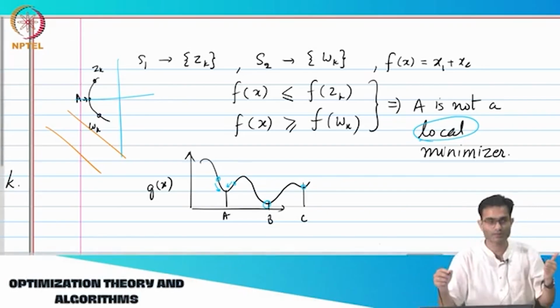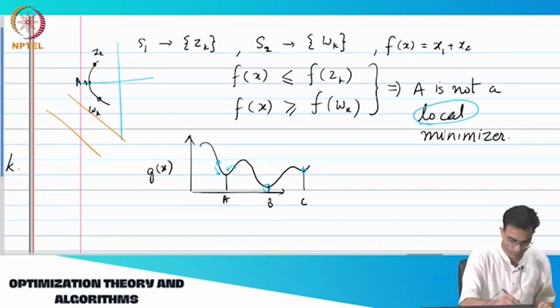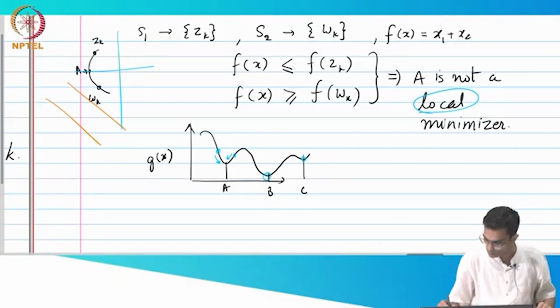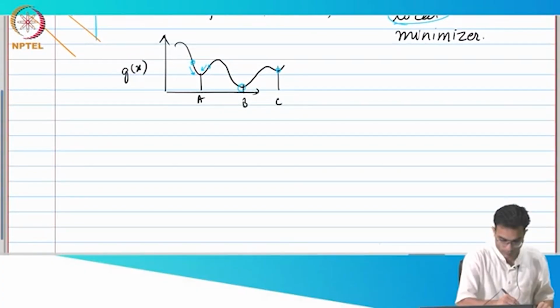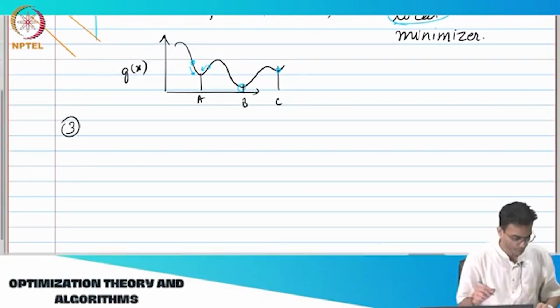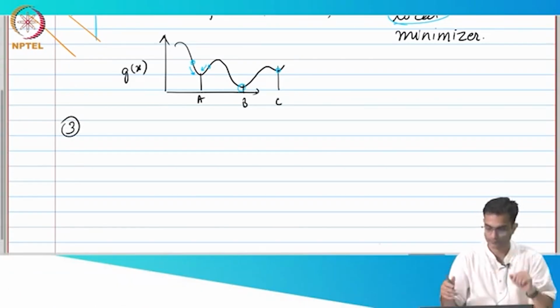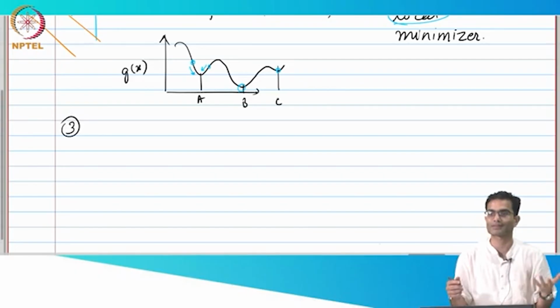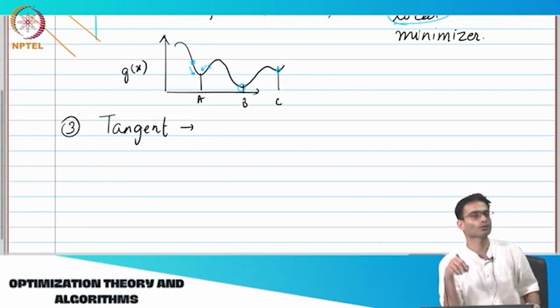So we've got a feasible sequence, we've got a minimizer. Let's go further. The third thing that I need to define, having used the idea of a feasible sequence, is a tangent. We all know what tangents are.